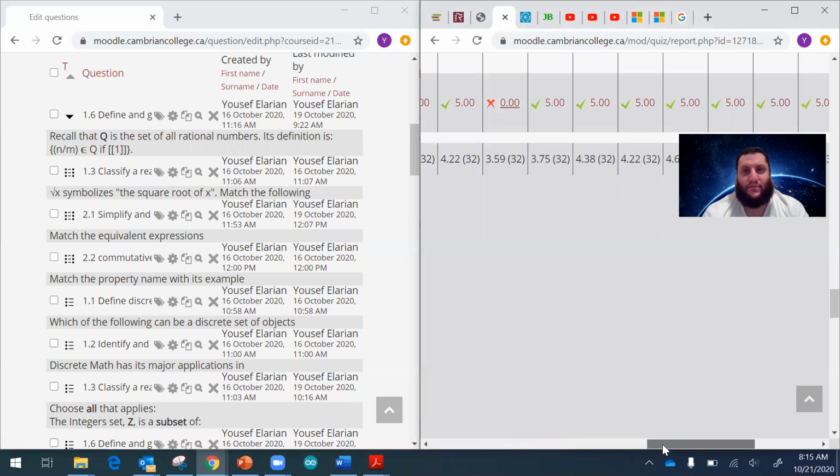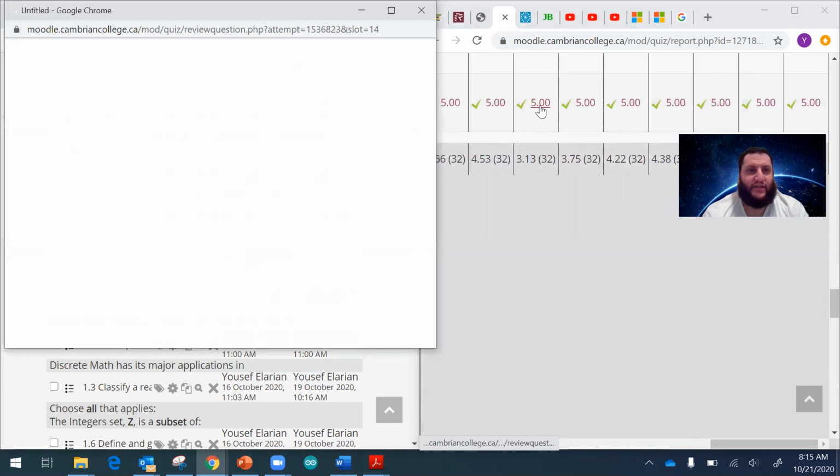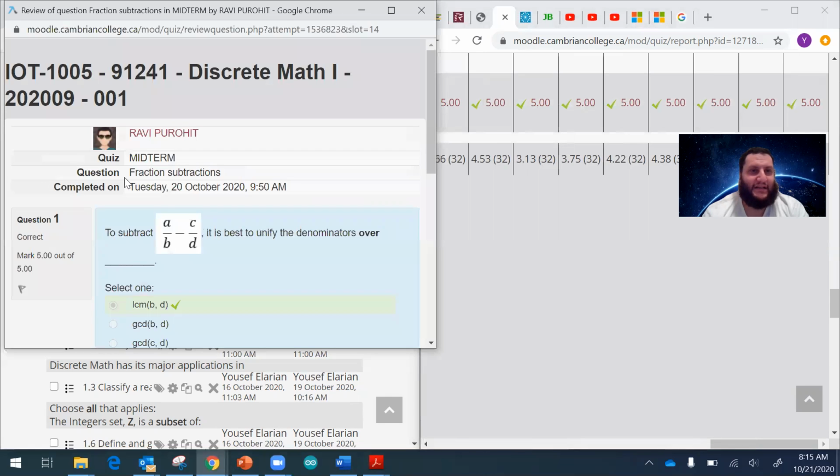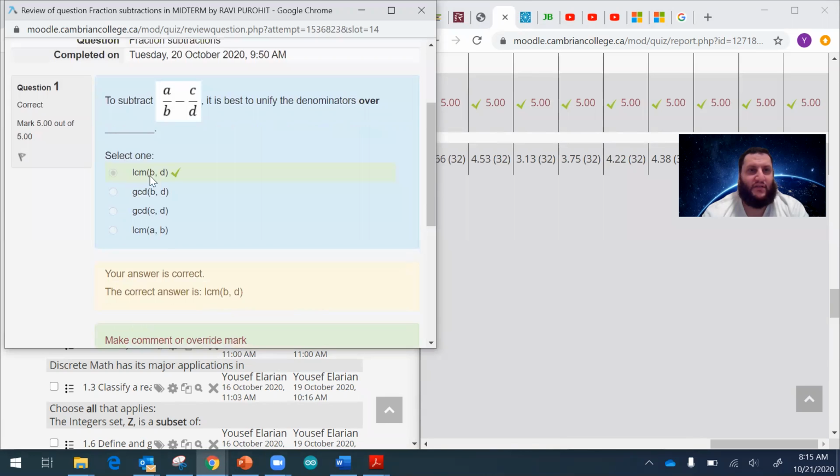Another question. This one, again, sorry again. To subtract, you need to unify them over the least common multiple, because you want to multiply this number and this number so that they don't change.